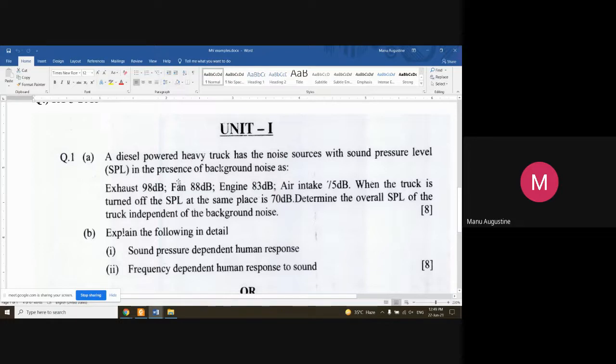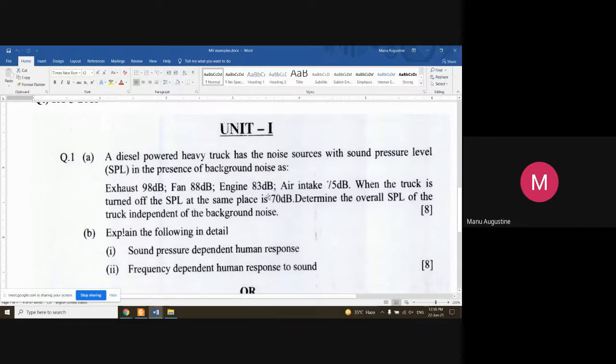Similarly, fan of the heavy power truck is creating 88 decibels of noise when already there is background noise. So that means this 88 decibel contains both the background noise and the noise of the fan.